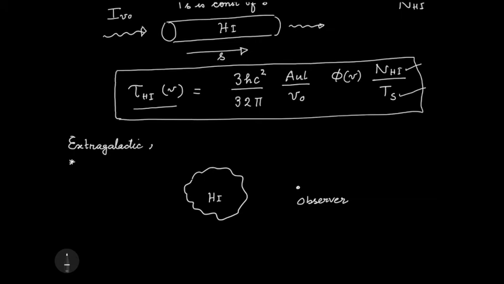Now say there is an extragalactic source, some type of source, let's not go into what. It has an intensity I0 and it's constant over all frequency.